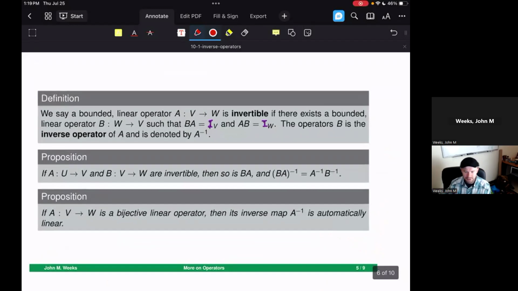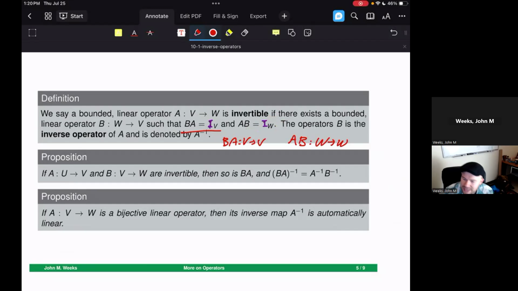So one example of that is if you take a linear operator A that goes between two vector spaces V and W. We will say a bounded linear operator between two vector spaces is invertible if there exists a bounded linear operator B that goes backwards between the two spaces, such that BA is the identity operator on the vector space V, as this BA would go from V to V, and AB is the identity operator on the vector space W, as AB would be an operator that goes from the vector space W to itself.